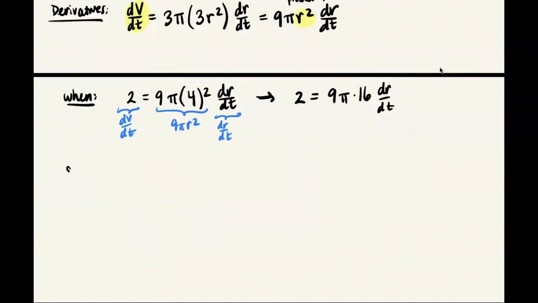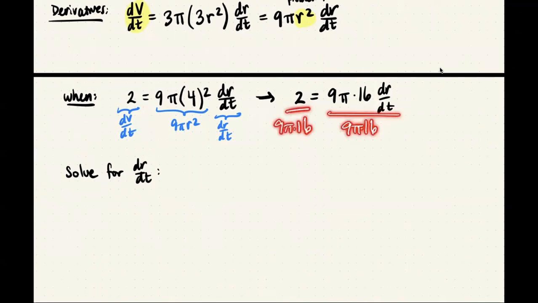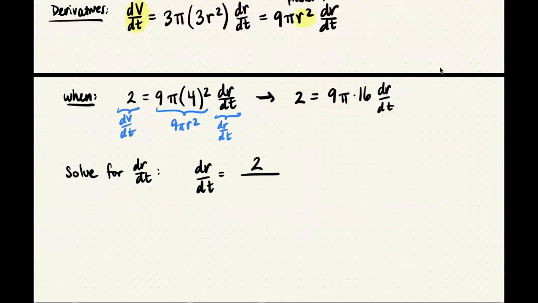The question was asking me about the rate of the radius. Again, all these are just numbers, so I'm going to divide by this product on both sides. It goes away here, and I'm left with this. So dr/dt equals 2 over 9 times pi times 16.